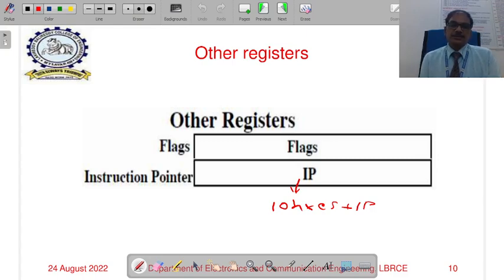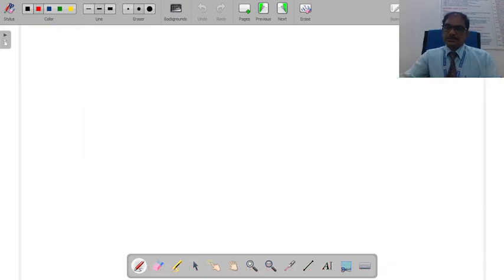So in the previous class we discussed the register organization. We have seen the functions of 13 registers. Now we will discuss the flags register. The 8086 has a total of 9 flags.